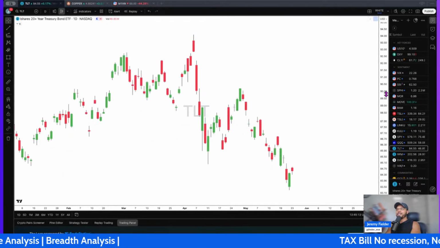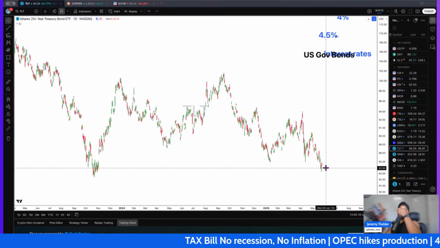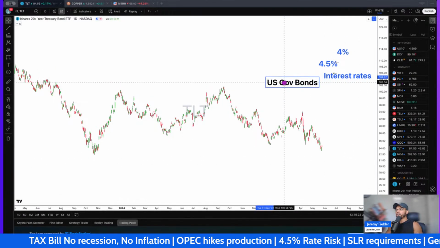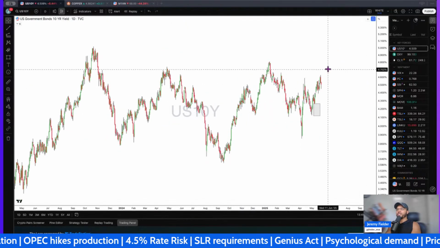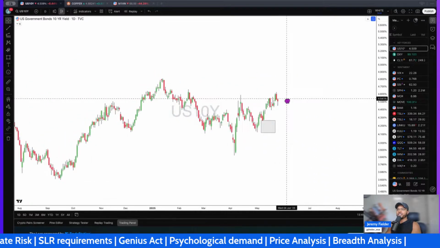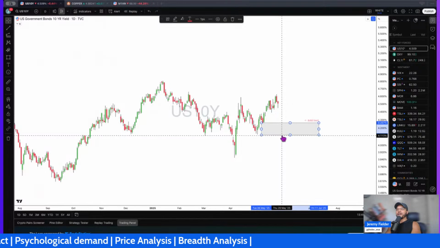We're going to use TLT as the proxy. They can come in, start buying these bonds, which would put a bid or a floor in the bond market in the short term, right? That would put a bid or a floor. And what's really important, it puts a limit on the rate because they move in opposite direction. So who knows when it comes, but that's one catalyst right there.